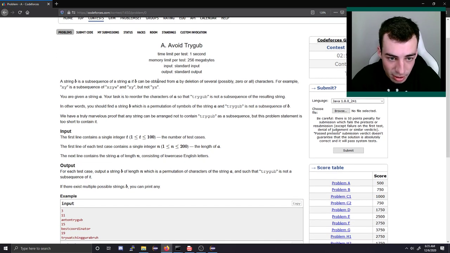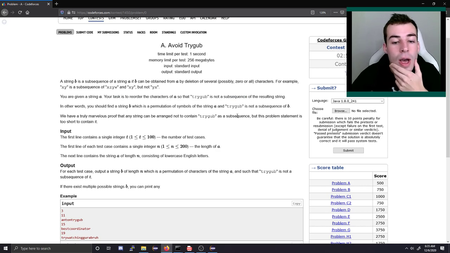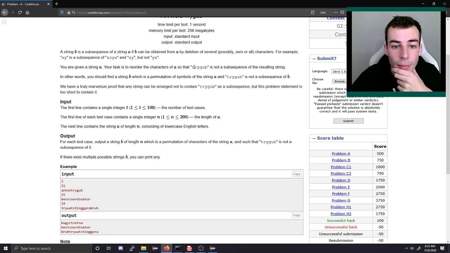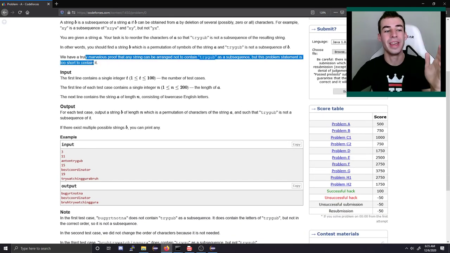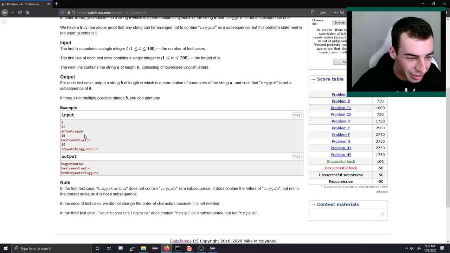B is a subsequence of A if B can be obtained from A by deleting some characters. Given some string, you want to reorder the characters of A so that "trygub" is not a subsequence. This is not sorted, so we can sort it. We have a marvelous proof. Very good.